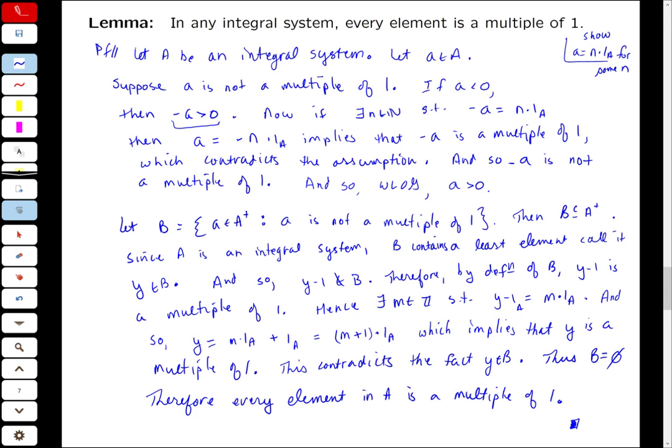Not in an integral system. What about in life? Yeah, if you don't have something that's an integral system, then you could have something different. Consider matrices with the identity matrix as the unity. I think it would have to be a non-square matrix to be able to get to it, because then you can't multiply the square matrix, which is your identity.